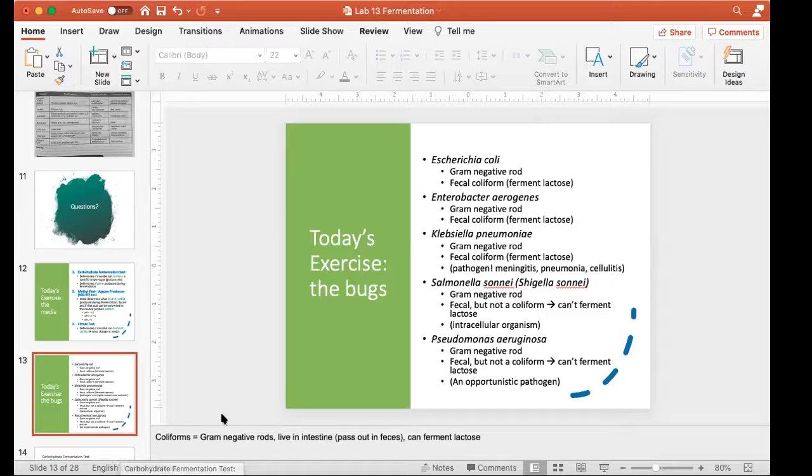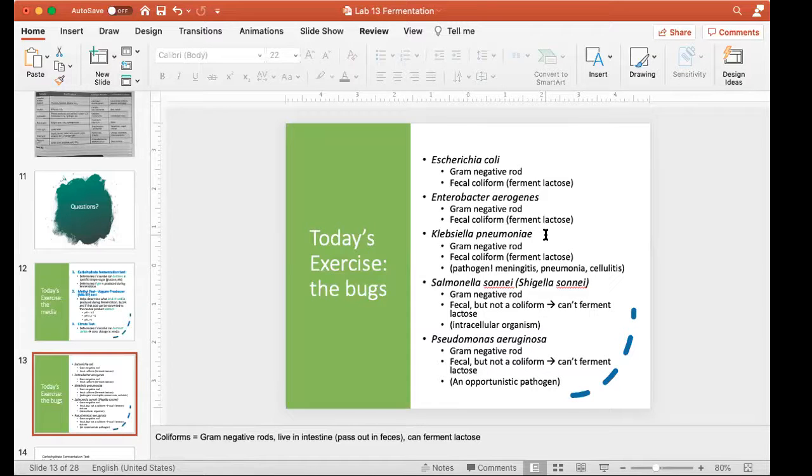Klebsiella is an interesting organism because it can be pathogenic. Not all Klebsiella pneumonia is pathogenic, but there are some strains that are very dangerous pathogens. They cause bad diseases like meningitis, pneumonia, like the name suggests, and even a skin condition called cellulitis.